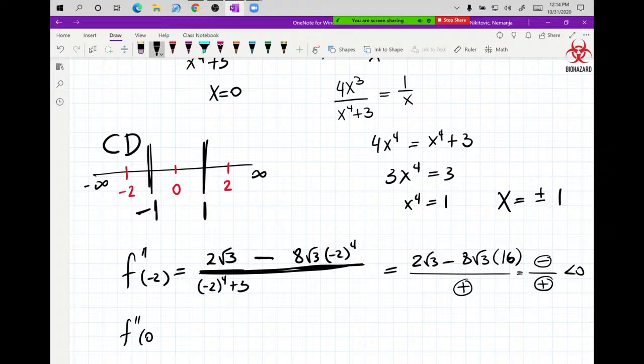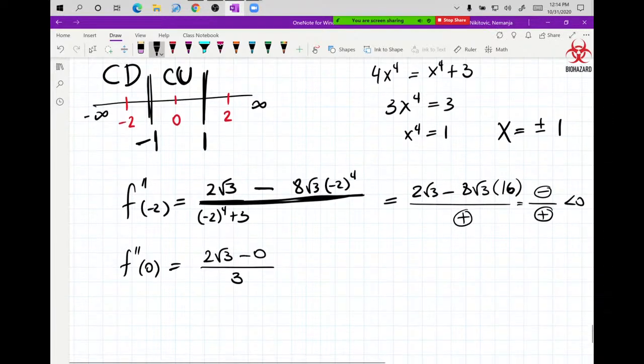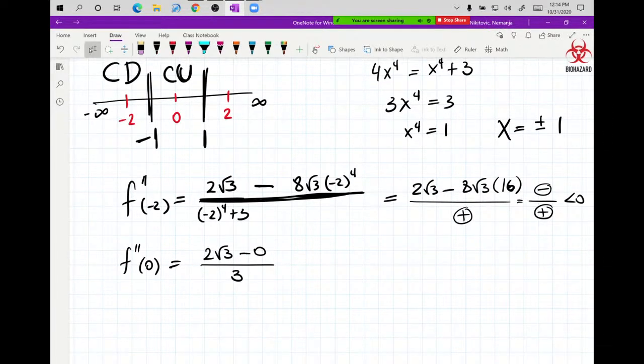Okay, now 0 is going to make 2 root 3 survive, but put it minus 0 divided by 3. That's a positive. And then when this one is positive, it doesn't change anything, so concave down again.